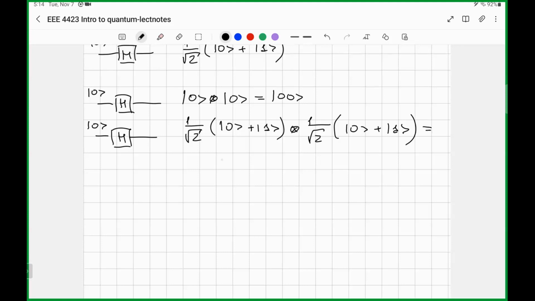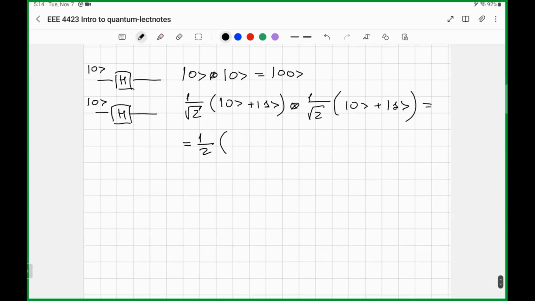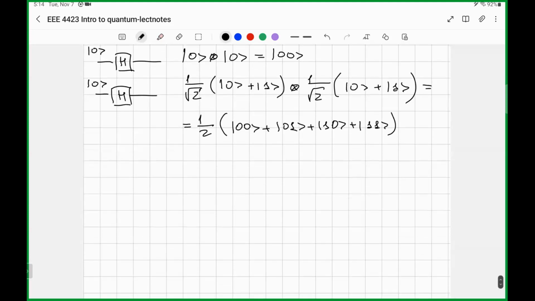This gives us the state 1/2 times state 00 plus state 01 plus state 10 plus state 11. So 4 possible states, which is exactly 2 to the power of n, where n is the number of qubits.